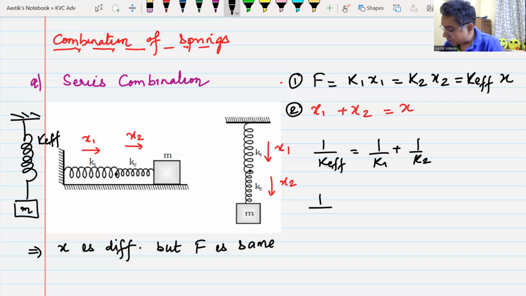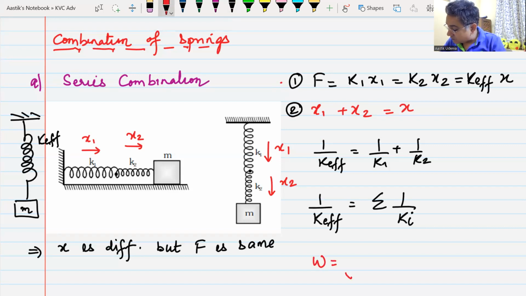So in series combination, 1 by k effective is the summation of 1 by ki. Then the time period or omega in this case will be under root of k effective by m. Everyone knows this? Yes, sir. This is known as the series combination of springs.